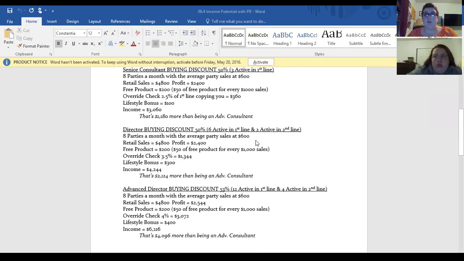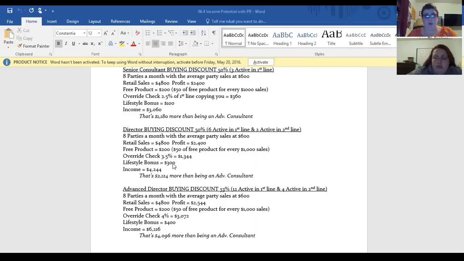You're still doing the same in parties. At this point you have 6 in your active downline, and those 6 people have signed 2 people under them. So you're getting $200 in free product, but your override check went up to 3.5%, mimicking off of you. So they brought you $1,344.